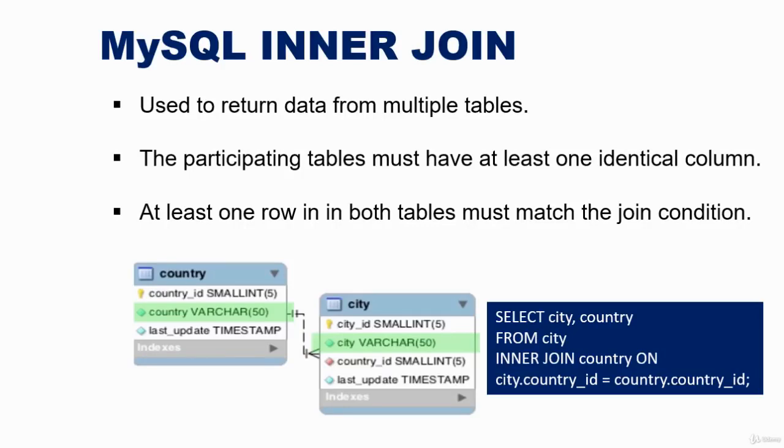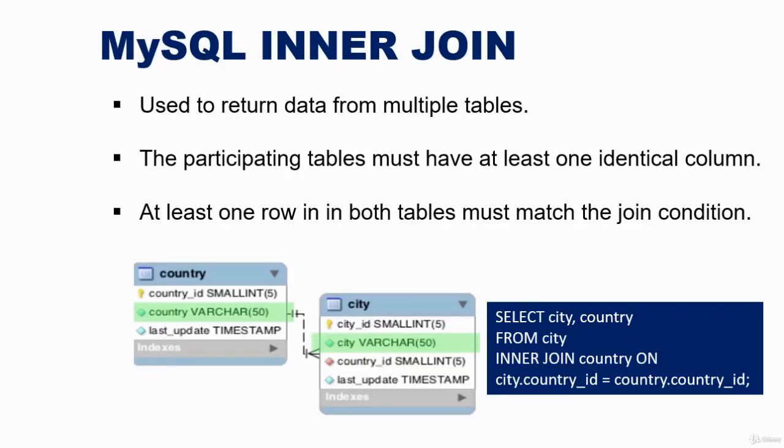it belongs to. So looking at the table, you can see that the city info is in a different table to the country info. Therefore, we join the two tables using the country underscore ID field. So both tables have an identical column called country underscore ID.